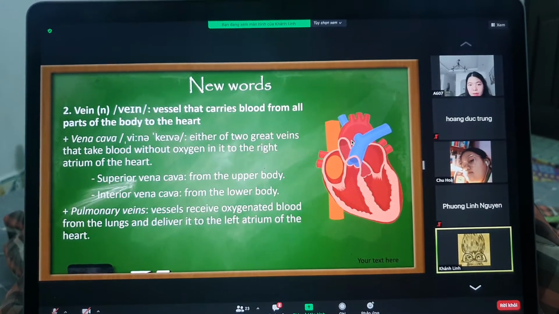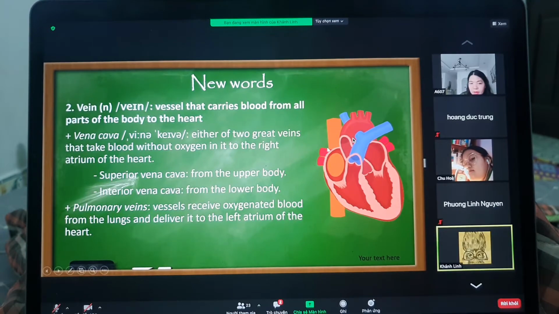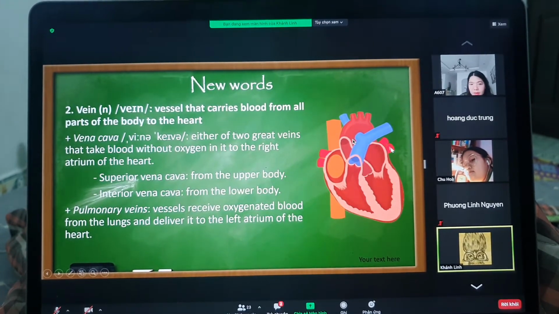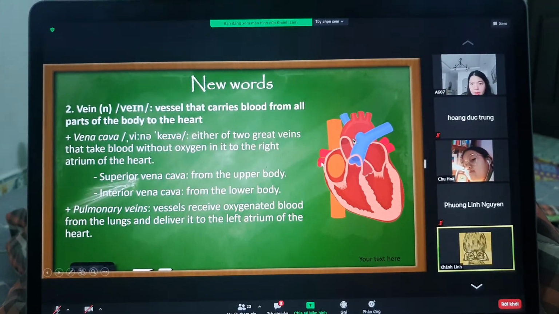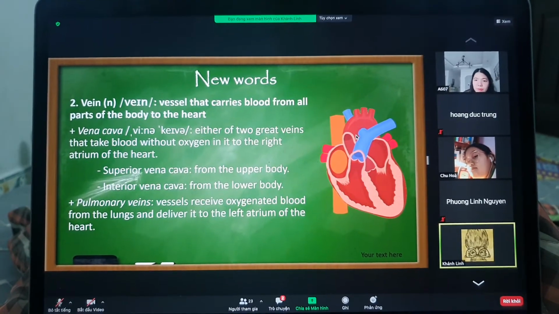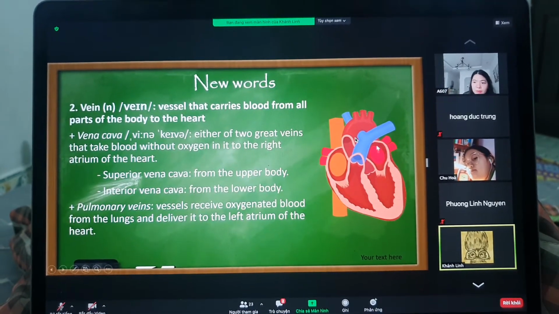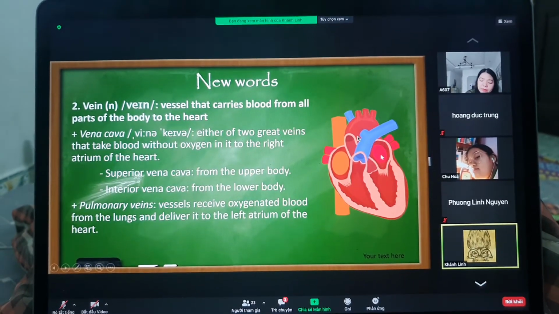Next are the pulmonary veins. We have 4 pulmonary veins, 1, 2, 3, 4, and they are the vessels that receive oxygenated blood from the lungs and deliver it to the left atrium. This is the left atrium of the heart.